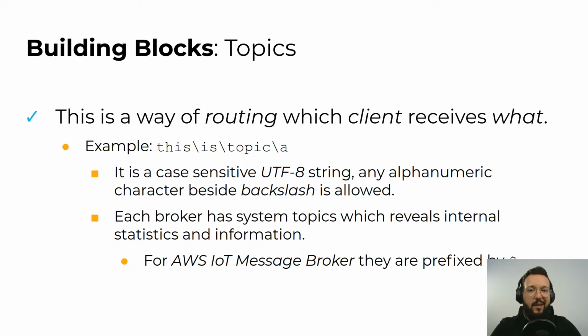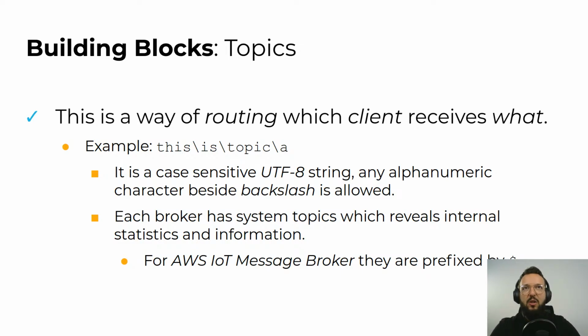What is a topic then? As I said, it's a way of routing messages from the clients and informing which clients receive what messages. A topic itself resembles a path-like structure because you are using slashes as separators for the hierarchy.